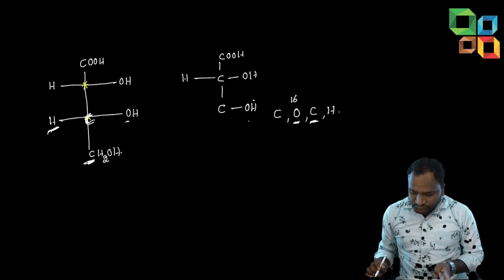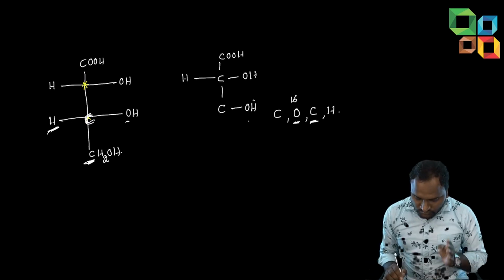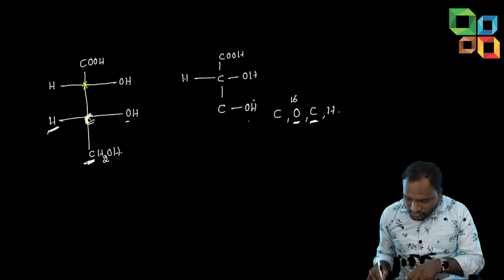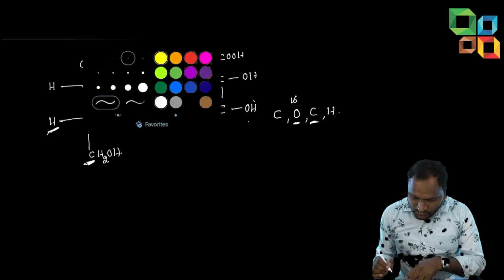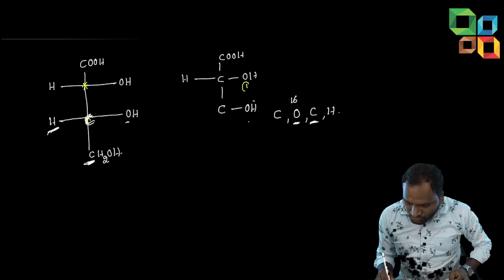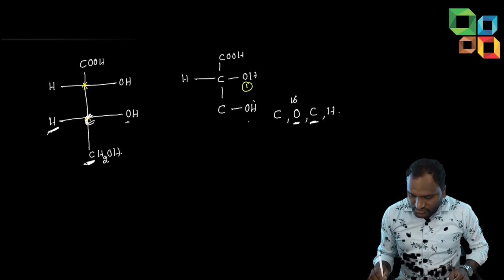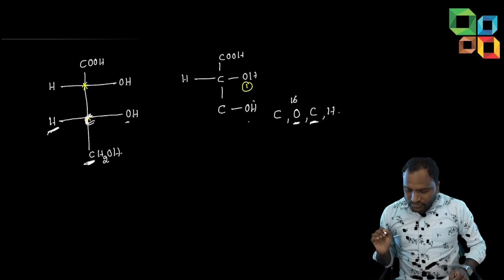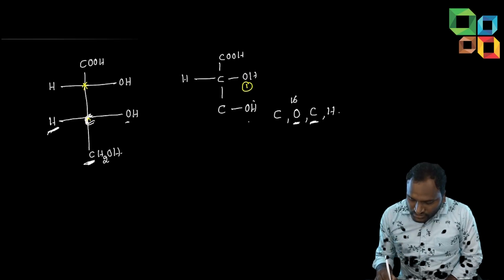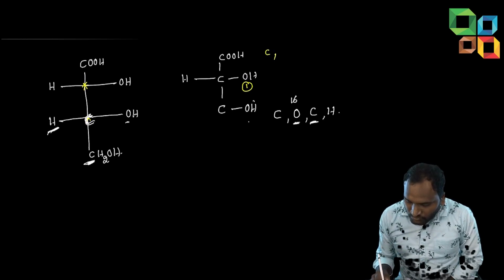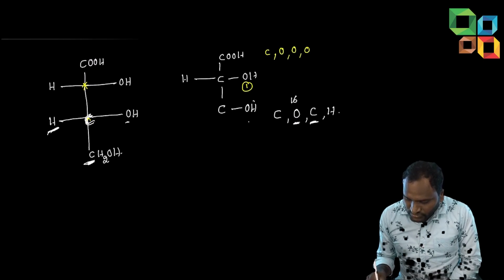Okay. Now, shall I start now? So now first priority, anyway, O is directly attached to this. So first priority will be given to this. Next, here I told you, C double bond O means 2 oxygens and 1 OH is there, that will write.